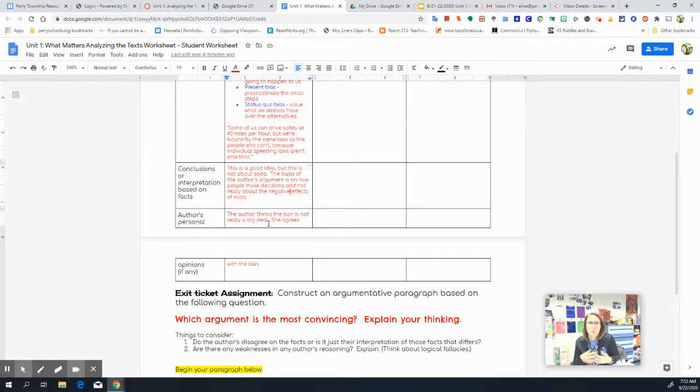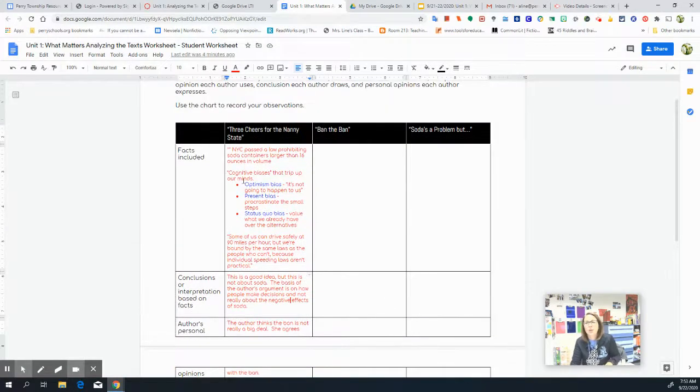Again, this is what we think. So we put it into a couple of statements. She thinks that the ban is not really a big deal, and she agrees with it. All right. She thinks we need to get over ourselves and just take that ban because it's going to help us out in the end. Okay. So that's how we're going to fill in the 3 cheers for the nanny state. So you are responsible now to fill in the ban and soda's a problem, but.